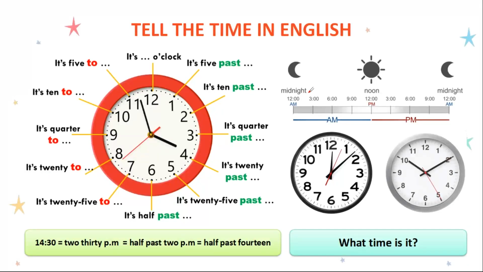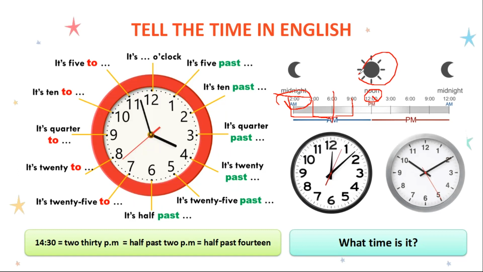Here, for example, during the morning, you can say 3 a.m., 12 a.m., 6 a.m. Be careful, because when it is 12 a.m., that is midnight, in the middle of the night. Do you understand? We have 9 a.m. But when it reaches 12, that's already p.m. because it is noon.